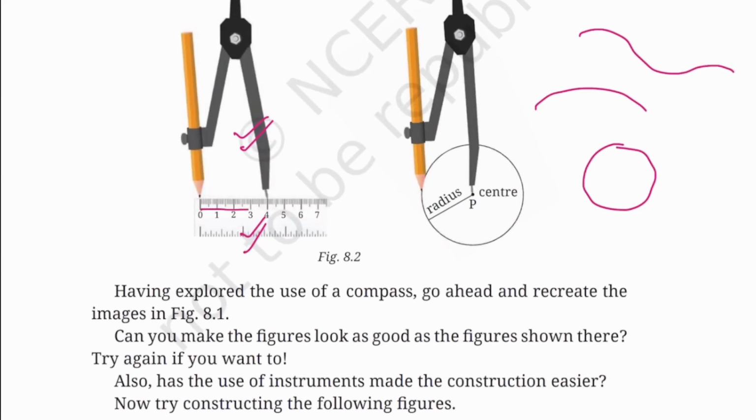You have to take 4 cm as the distance between the pencil tip and the compass tip and draw a circle like this. P will be the center of the circle and the distance from P to any point on the circle will be the radius.